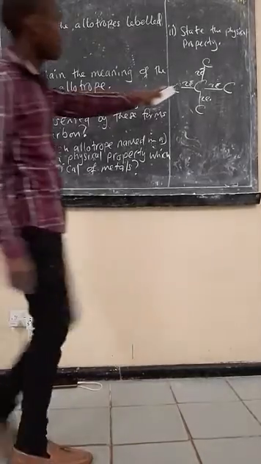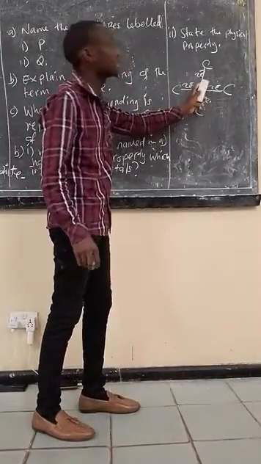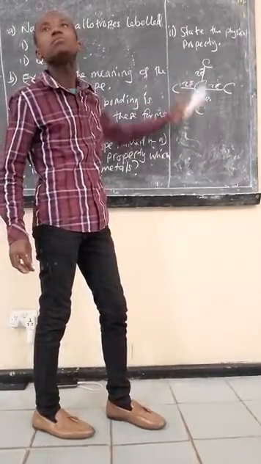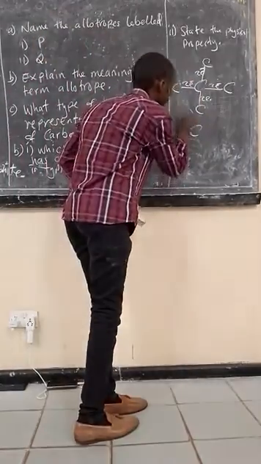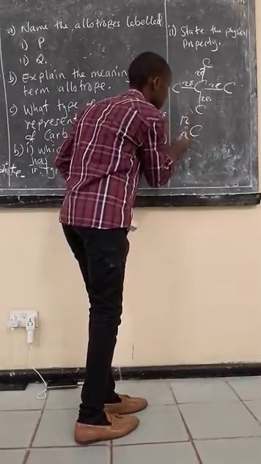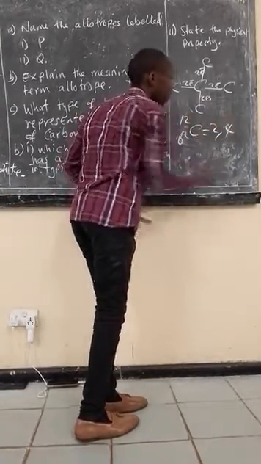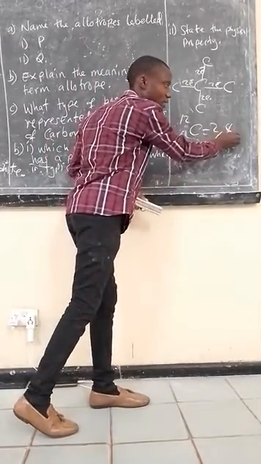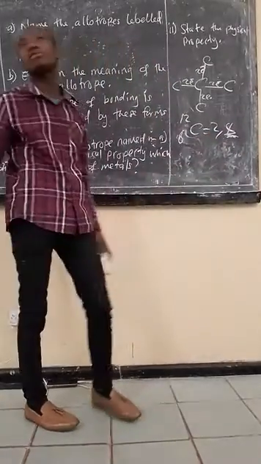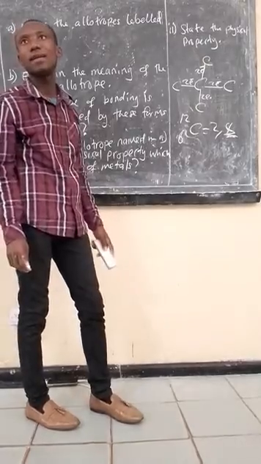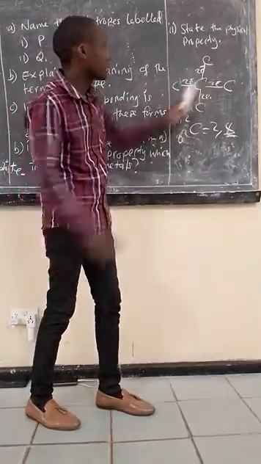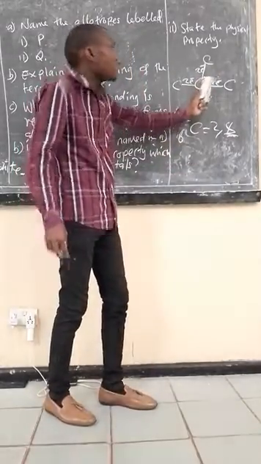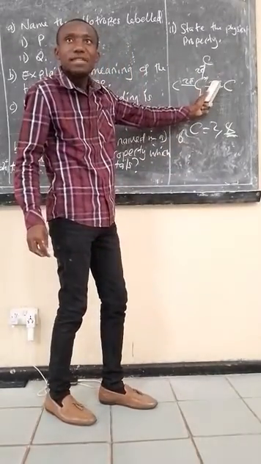Now, this carbon here, how many electrons does it have in the outermost shell? Carbon, it's C, 12, and 6. So it's 2, 4. Meaning we have 2 electrons in the inner shell, 4 electrons for each carbon in the outermost shell. You get it? So let's say we are considering this carbon here. 1 electron is shared this side. You've seen that?